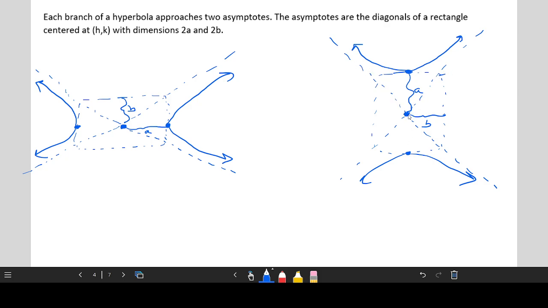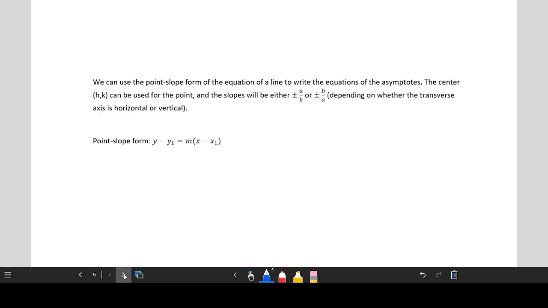And the two diagonals are going to intersect at the center, and the other one from the corner to the center would go down a over b. So it's the same slope except one's negative and one's positive. And then since they both pass through the center, that's a point on the line. And so we can use point slope form since we know the slope and a point. We'll practice that more when we're graphing in the next video. But I have it here for reference for you.